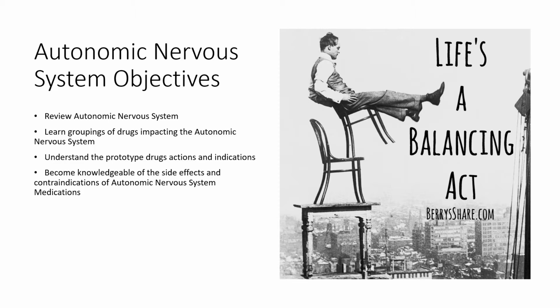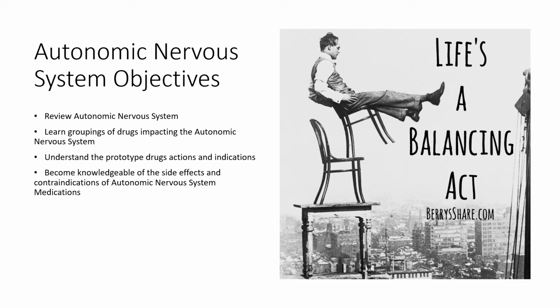It runs on acetylcholine as the neurotransmitter, so we call it also the cholinergic system. And we'll start to know some side effects of some of the drugs that are used in the autonomic nervous system and the parasympathetic system. Okay.